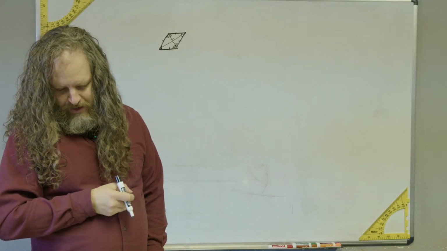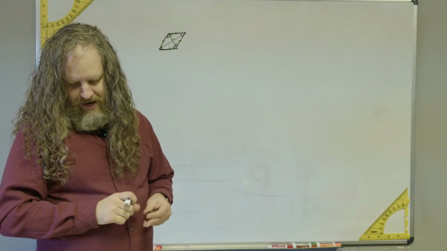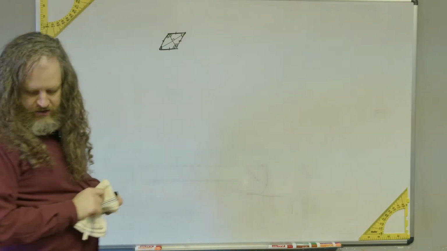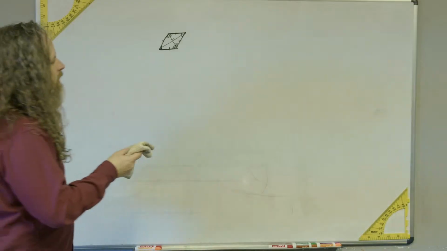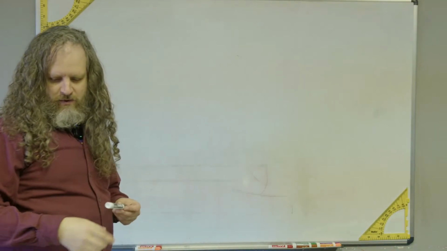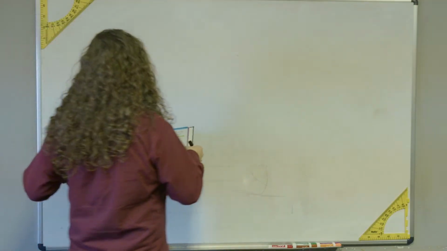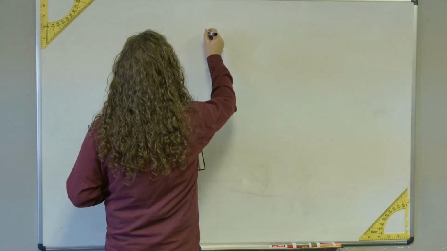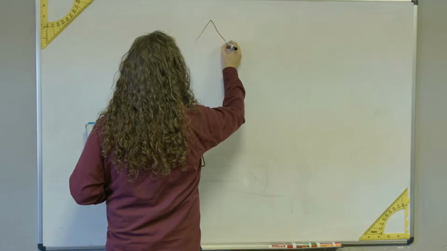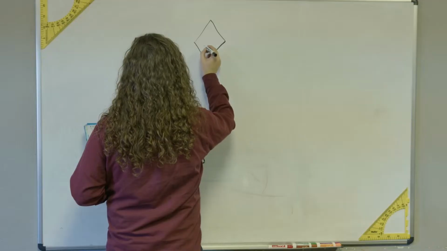Let's do a couple guided practices. Let's do guided practice 1A on page 431. So we're supposed to use the rhombus above, which looks like this, more or less.